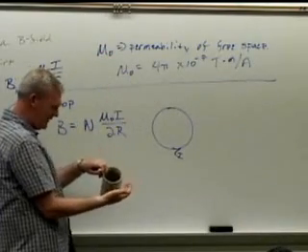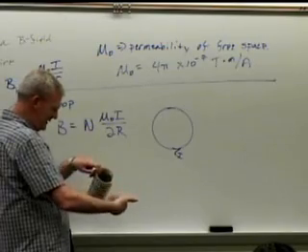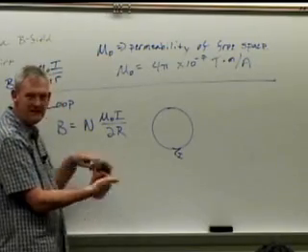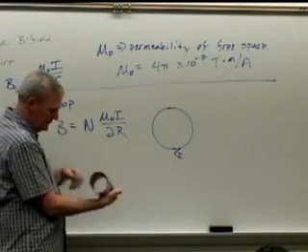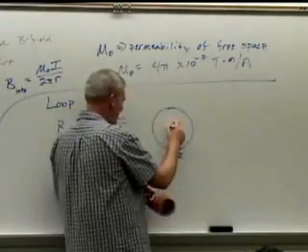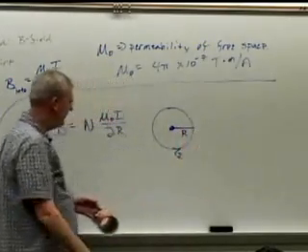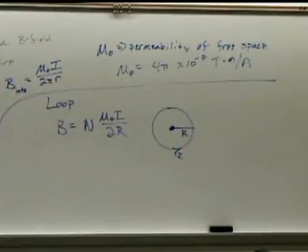Well, this is clumsy as hell. Current's going that way, so the B field's curling. It's coming out at you. Right? So it's coming out at you, distance r from the center. Okay?